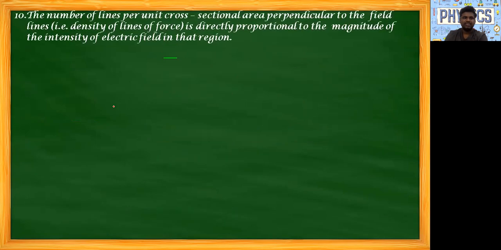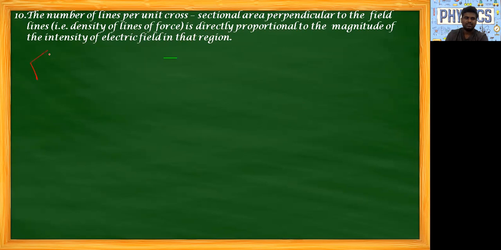Next, the 10th one: the number of lines per unit cross-sectional area perpendicular to the direction of lines, that is, the density of lines of force, is directly proportional to the magnitude of the intensity of electric field in that region.